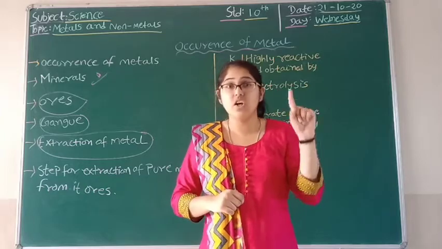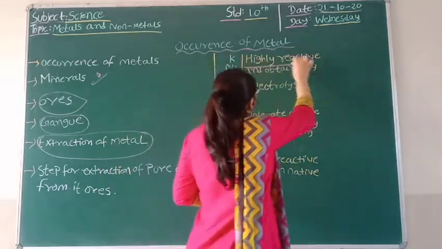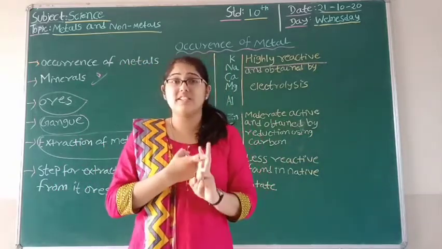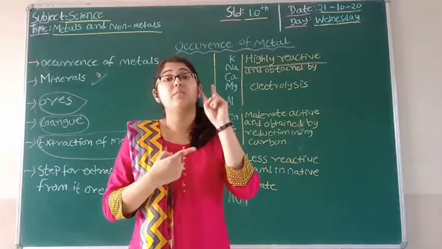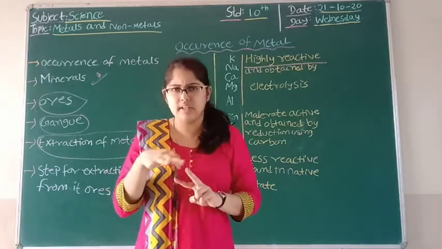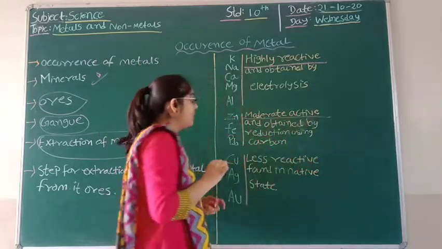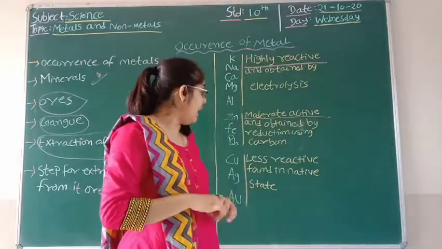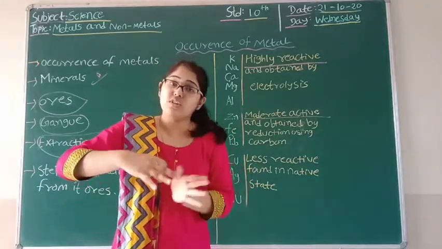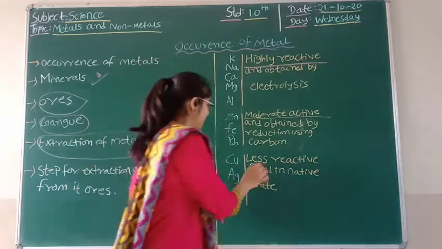The very next metals are moderately reactive, having a middle reactivity, and the very last are less active. Now we are going to see those metals which are less active.